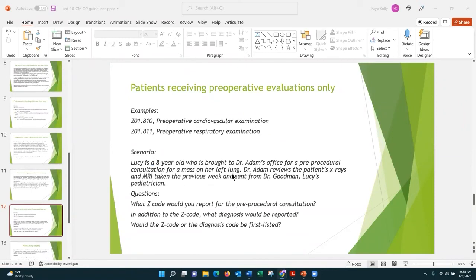She's 8 years old, she has a lung mass. So this is a respiratory pre-op. For the cardiac cath, it would have been 810. So it depends on what type of surgery is going to be performed, and that will drive your code for your pre-op evaluation exam.